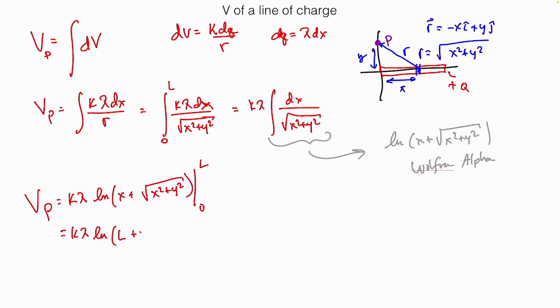L plus the square root of L squared plus y squared, minus y. Did I do that right? Put in 0 for x, and I end up with the square root of y squared. What's the square root of y squared? Y.